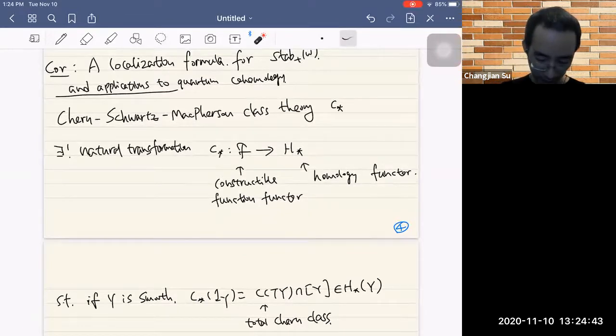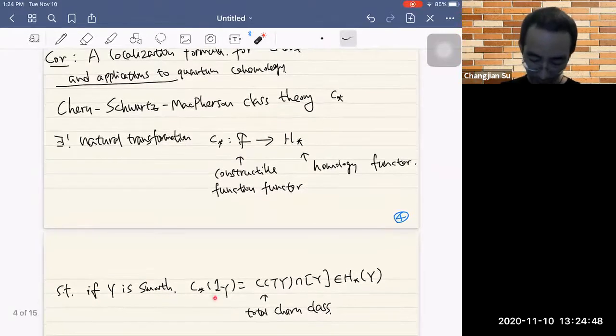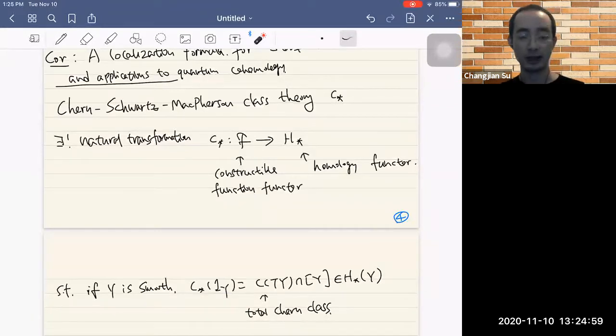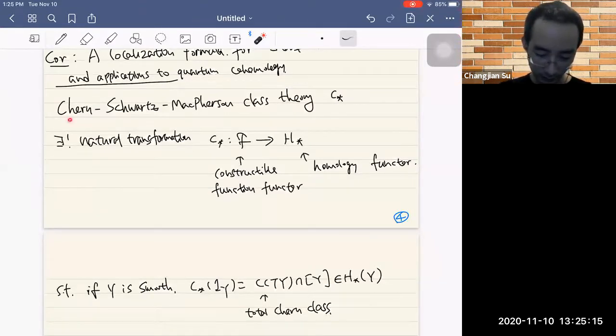If we start with a smooth variety and apply this natural transformation to the identity function on this smooth variety, then we just get the original total Chern class of the tangent bundle of Y, capped with the fundamental class of Y to land in the homology of Y. Anyway, this is called the CSM classes.